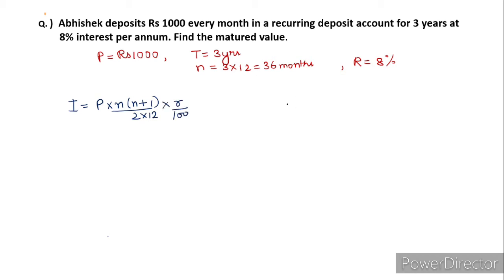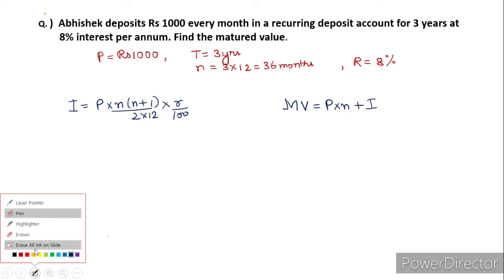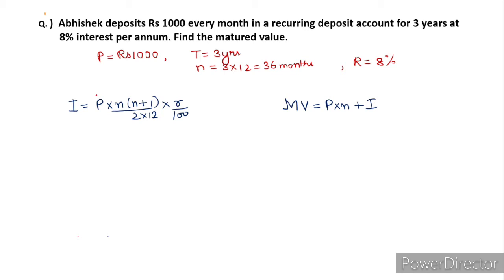And the second formula that we have learned is maturity value is equal to P into N plus I. What are given here? See, P is given, N is given, and rate is given. First, we'll find the interest. Put the values. P is 1000, N is 36 into 36 plus 1 by 2 into 12, rate is 8 by 100. Solve this.